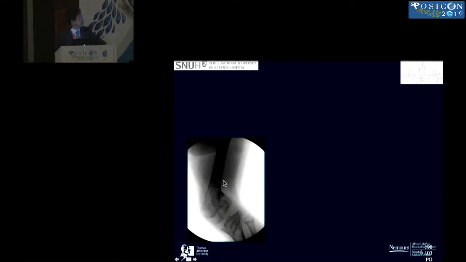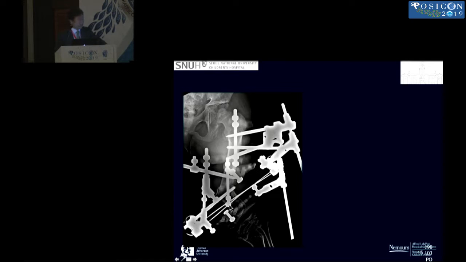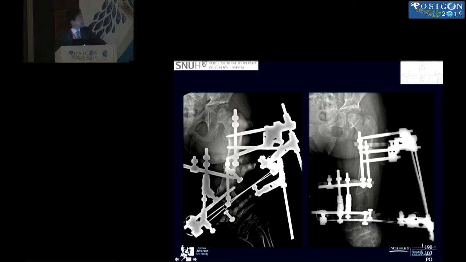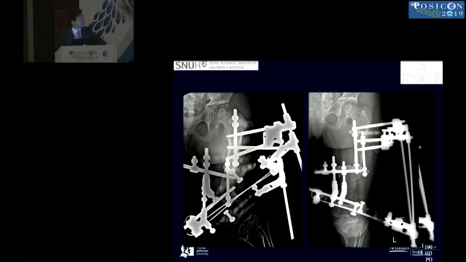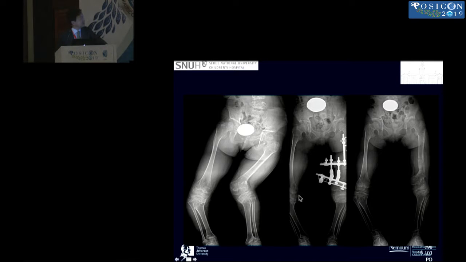And then look at this severe valgus deformity, so I had to correct it by external fixator, but because it is a very short femur, there's no space for the half pin from the lateral, so I had to insert the half pin from the medial side and lengthen it because it is much shorter than the right femur, and lengthened, and deformity correction was done. And finally, we obtained this alignment. Now we have to correct the proximal tibia and also the spine. So it is a long way to go.